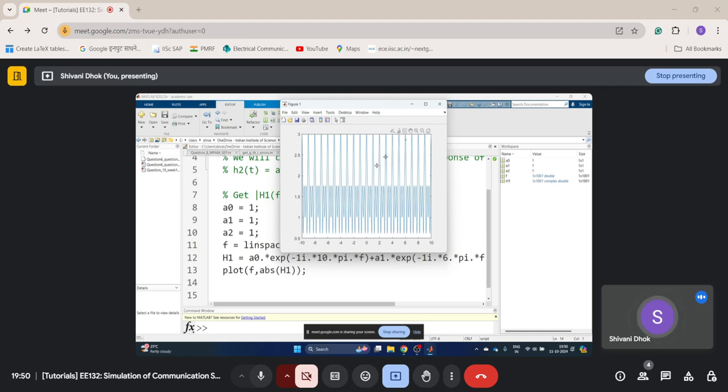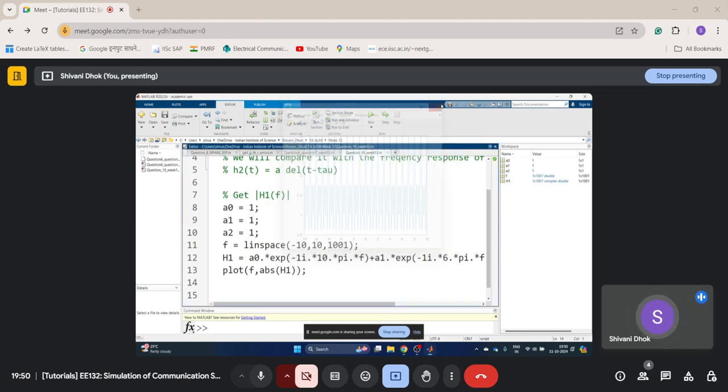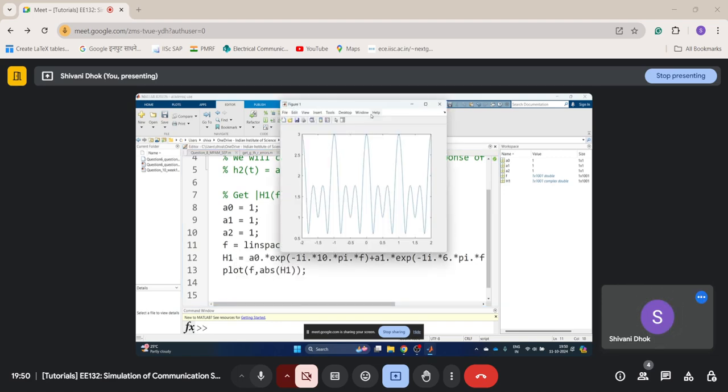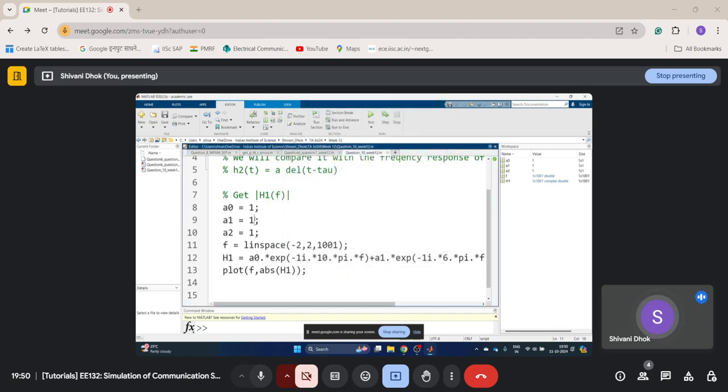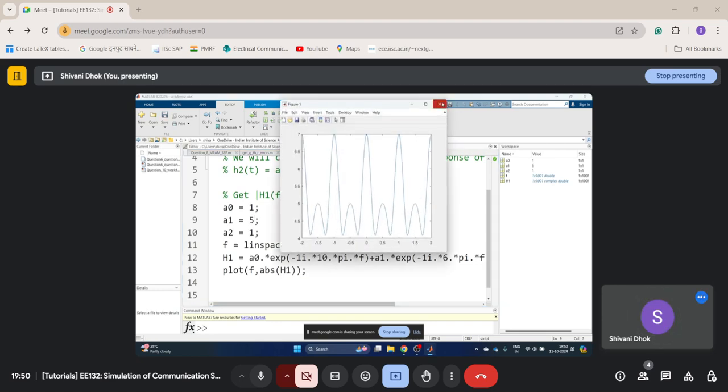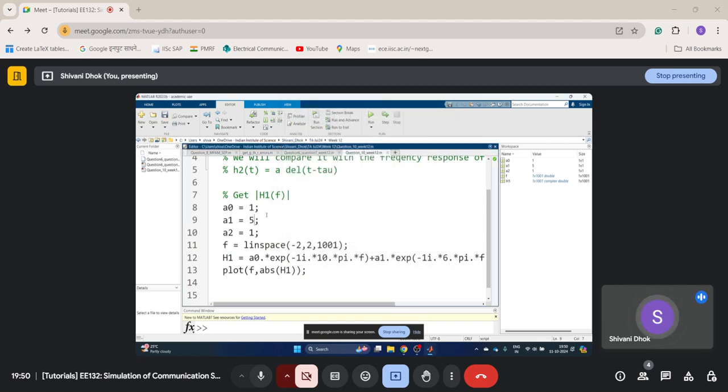Okay, so this is something that we are getting. So let me just reduce the frequency range. Let me do it for minus 2 to 2. This is something that I am getting here, and let's try to make it a little bit weird. Okay, so something like this we are getting, and let me make this as 10, let's say.